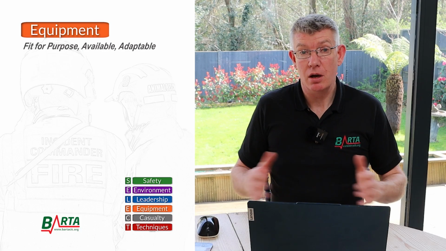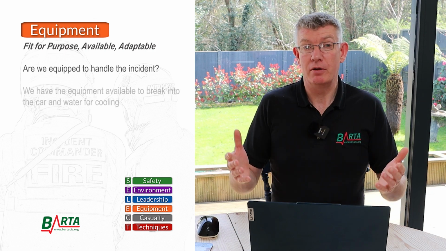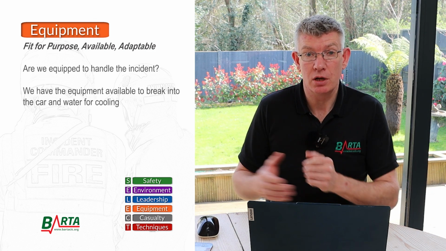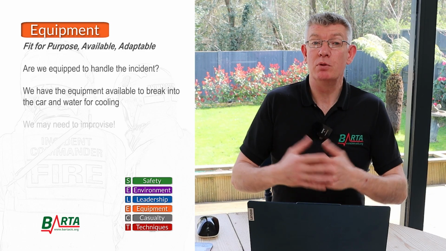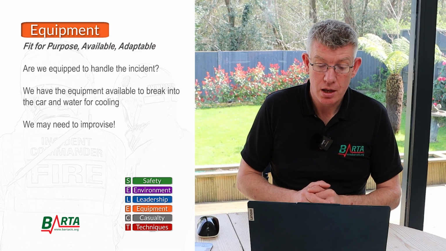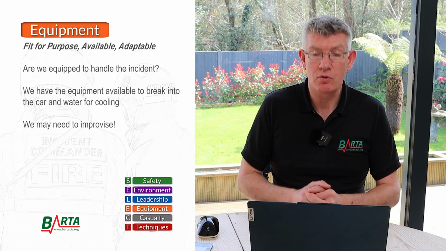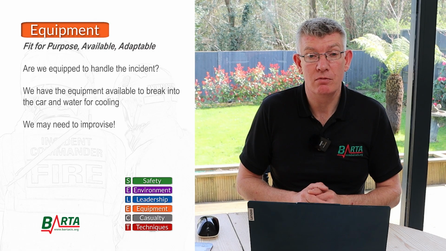So think about equipment. Are we equipped to handle this incident? Well, clearly any fire engine will have the means to break into a car. We will have water for cooling. We may have to improvise a lead or some form of restraint for the animal. And I think we've got everything that we need to carry out that initial pre-veterinary intervention.